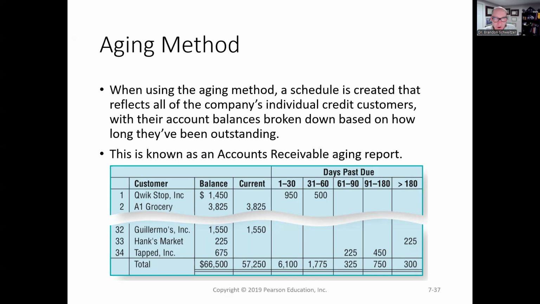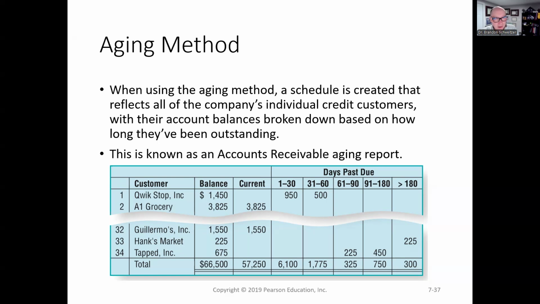Now, here's how this works. It's pretty straightforward. For our company, we say that 2% of our current customers are not going to pay us. So we would take the 2% and multiply that by the 57,250, saying that amount's not going to pay us back for the current.